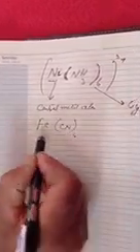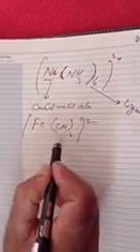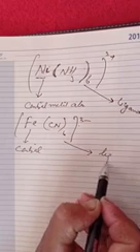For example, I will show [Fe(CN)6]3-, that is tri-negative. So it is an anionic complex. Here the central atom is iron, and these 6 cyanide ions are ligands.